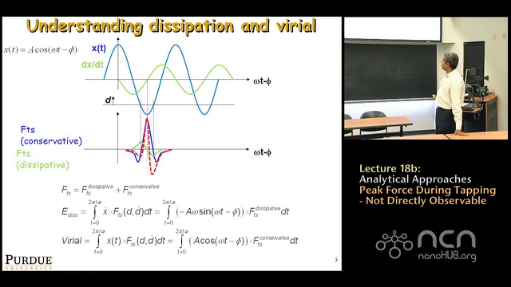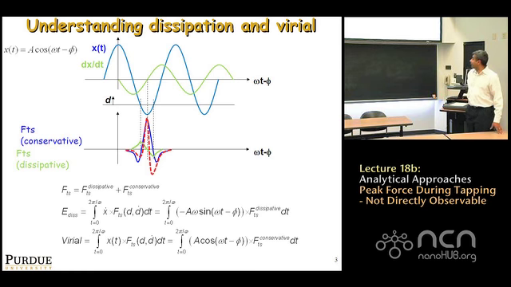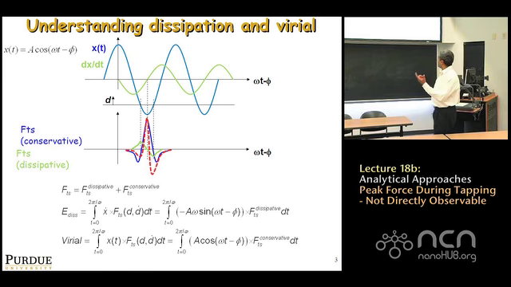The second term is the varial. The varial that we defined last time is the following quantity: the integral over the time period of the tip position times the force it experiences. Okay? As simple as that. Again, the tip position is given by the blue curve, it's cosine omega t. So the tip position as a function of time is symmetric with respect to the bottom.